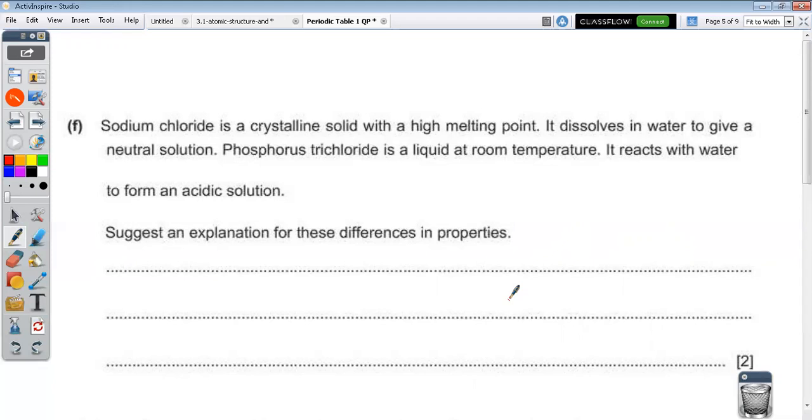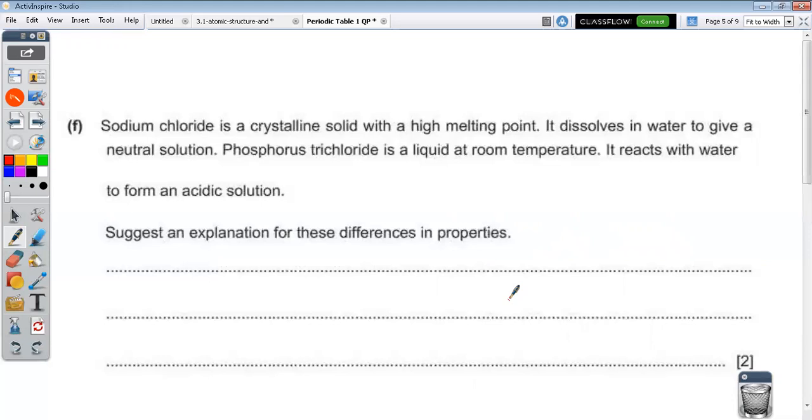One is forming an acidic solution, the other a neutral solution. What's the difference? What is sodium chloride? What type of bonding is that? Ionic. It's a bonding between a metal and non-metal.